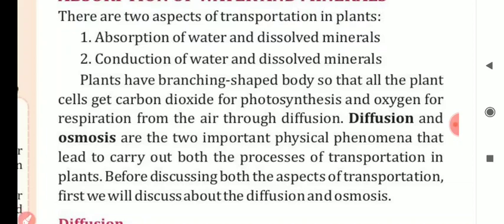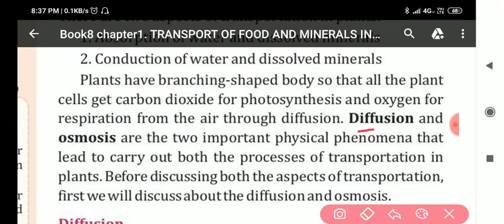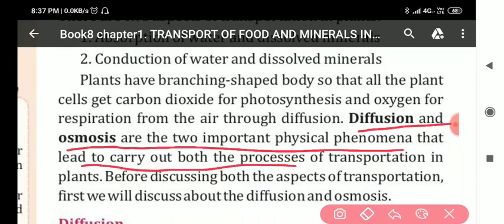For this, diffusion and osmosis play a very important role. Diffusion and osmosis are two important physical phenomena that help carry out both the processes of transportation in plants.